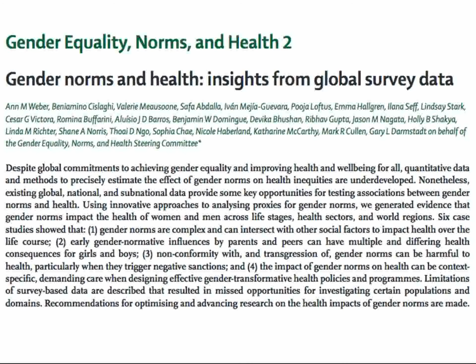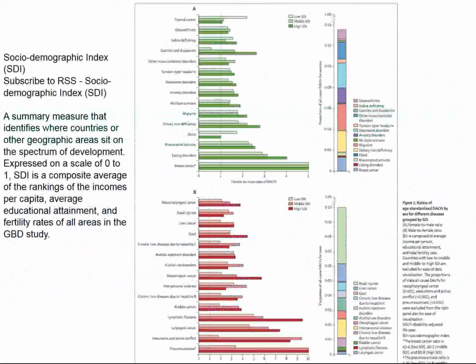And so the second review is the same issue. And this has a little more data, and it discusses socio-demographic index, which certainly plays a role in gender equality, although it's surprising how little this role is. Low SDI, that means poor, basically, with high fertility rates, that's in light green.